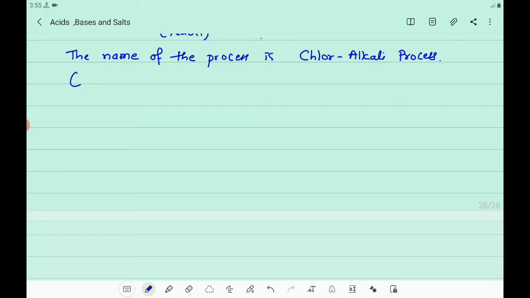And how is it done? When electricity is passed through an aqueous solution of sodium chloride. So write that process.